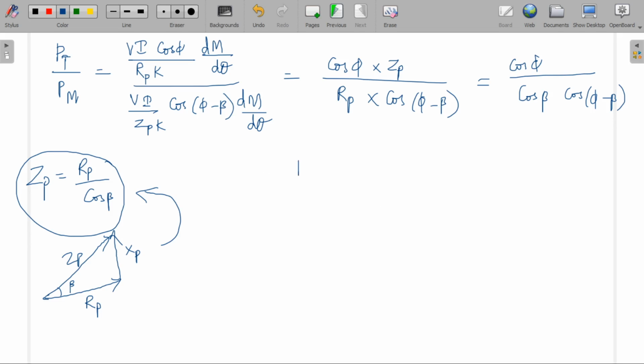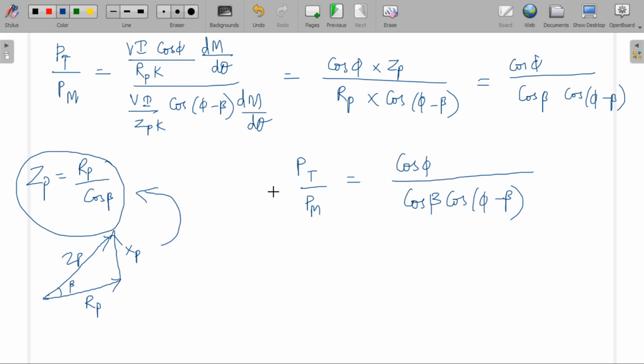So the ratio of true power to measured power is cos phi by cos beta into cos of phi minus beta. Measured power is the actual power indicated by the wattmeter, and true power is the actual power to be measured.